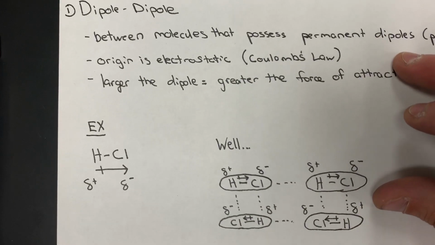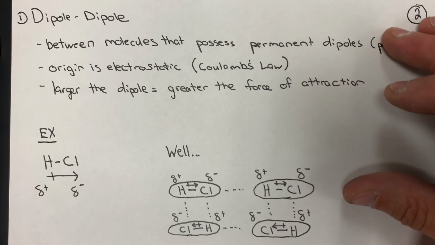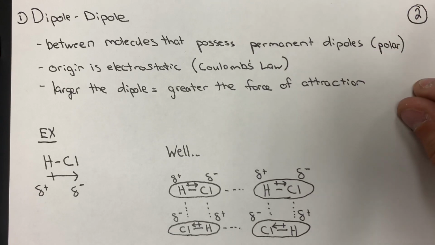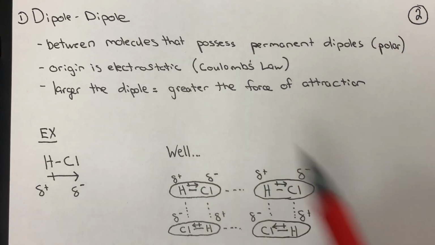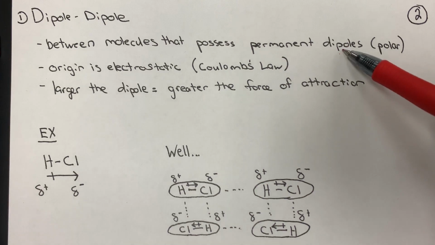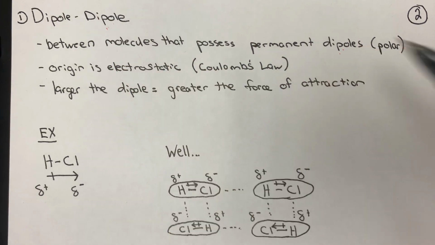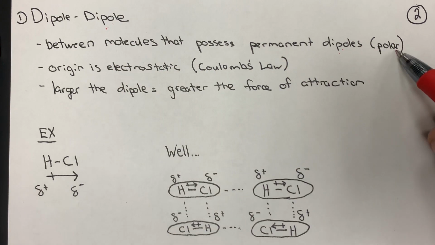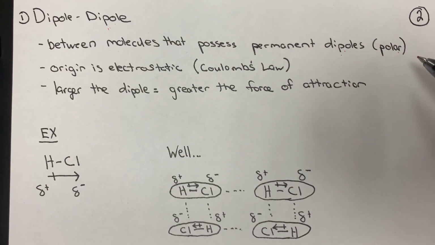All right, let's kick things off with dipole-dipole. When we talk about dipole-dipole, we're talking about an intermolecular force between molecules that possess a permanent dipole, right? So we need a molecule that has a permanent dipole. We need a second molecule that also has a permanent dipole. This necessitates that these molecules are polar.